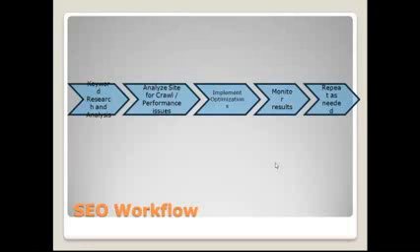The next step is implementing optimizations, and we're going to cover the individual techniques and strategies for that. But in short, that's basically just making the changes to your site so that they follow these specific guidelines. And monitoring results. Now, this is another phase, and there are a lot of programs.